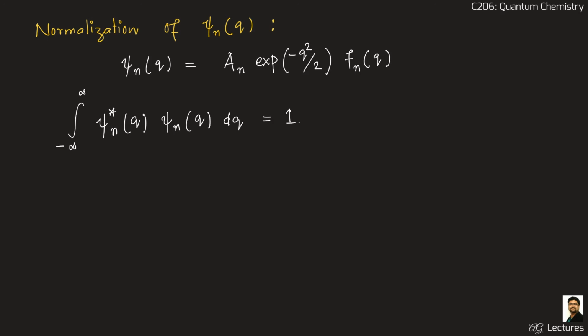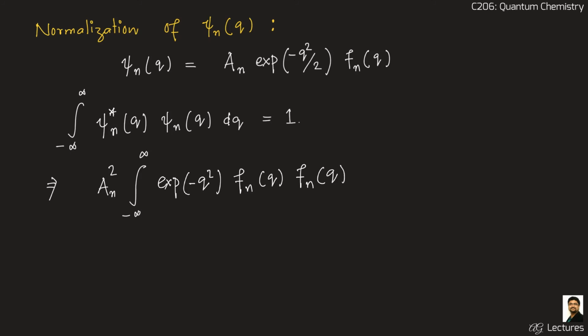And that directly gives me a n square outside, and the integral from minus infinity to plus infinity, and this factor multiplied to itself will give e to the power minus q square. This by 2 will disappear. So I get exponential minus q square first, and then fn of q, and again fn of q, and then dq is equal to 1.